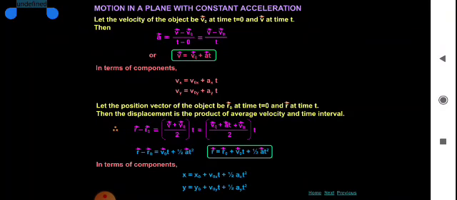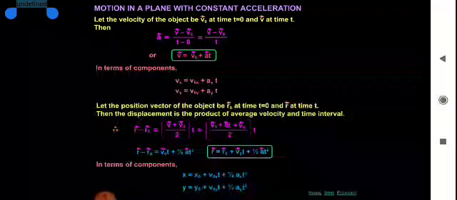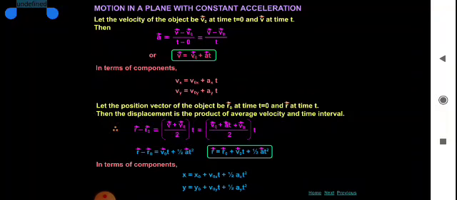Therefore vector a is equal to vector v minus v naught divided by t minus 0. Taking t to this side, we get vector a into t. So vector v is equal to v naught plus vector a into t.